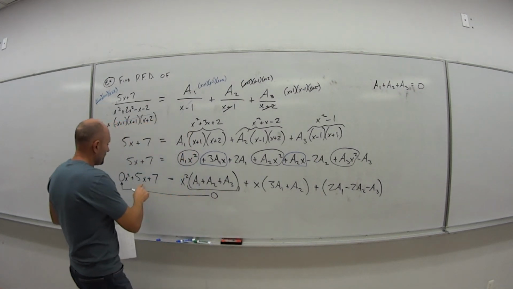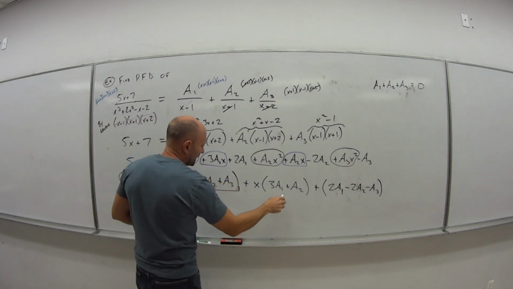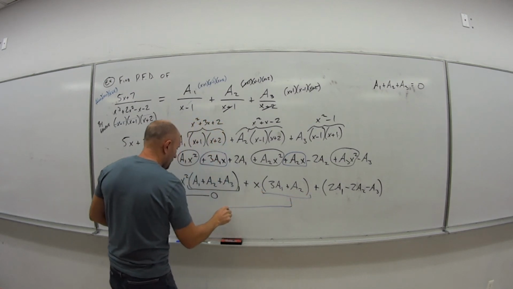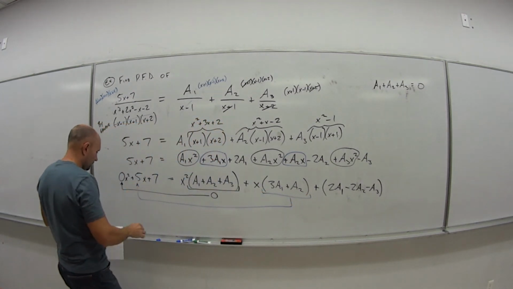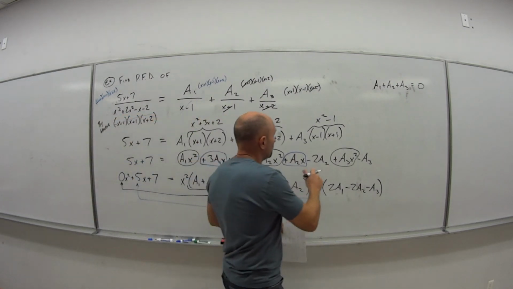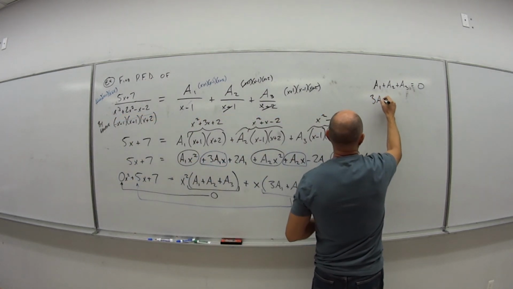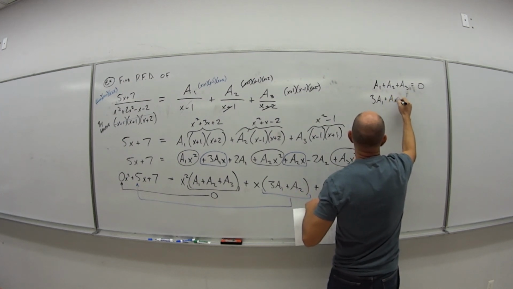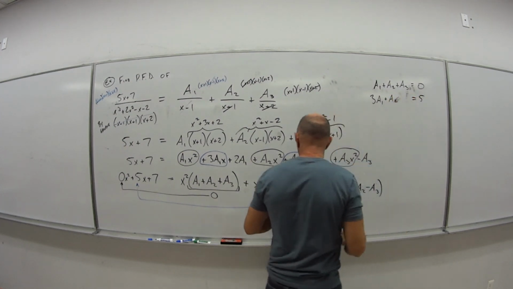Similarly, with the x piece, the value attached to the x has to be equal to 5. So 3a1 plus a2 has to be equal to 5.